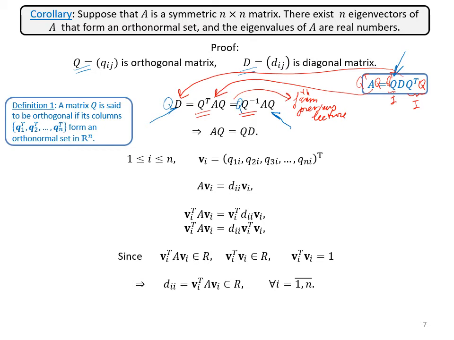So again, we get the identity matrix, and we have this last expression.